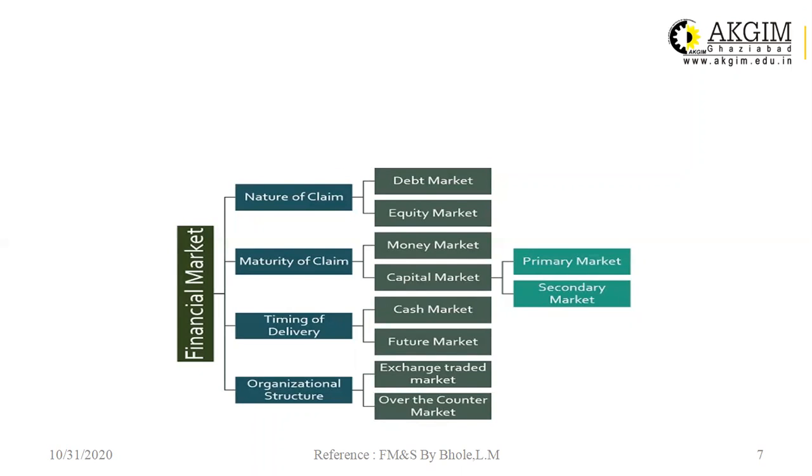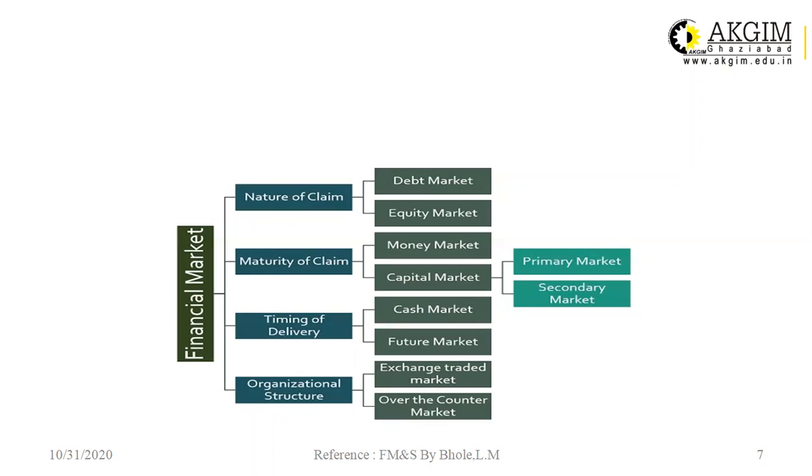Liquid funds as well as the highly liquid securities are traded in the money market. Examples of the money market are treasury bills, call money market, commercial bill market. The main participants in this market are banks, financial institutions, and government. In short, money market is a place where demand for and the supply of the short-term funds are met.